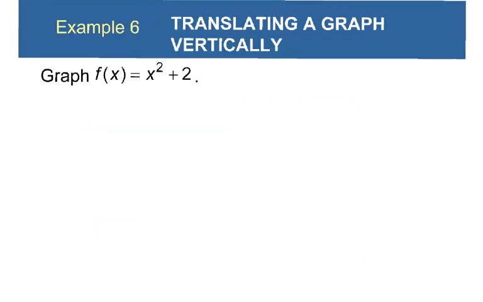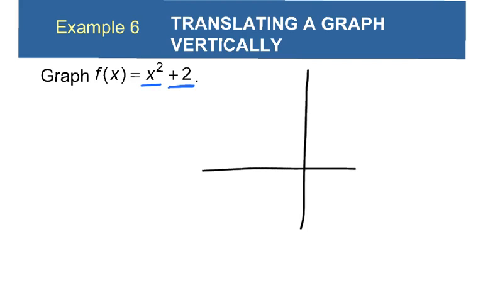So here is an example of a vertical translation. We are moving our graph up 2 units, is what this is telling us right here. We're taking our basic x squared function and adding 2 to it. So it moves everything vertically up.